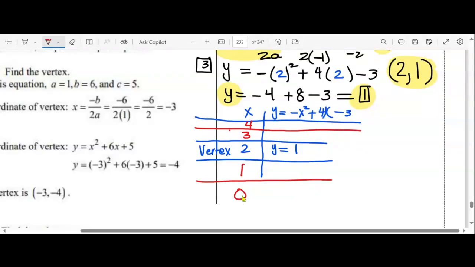The easiest one is what? The 0, right? If x equals 0, how much will y be? How much? Yalla, talk to me, please.